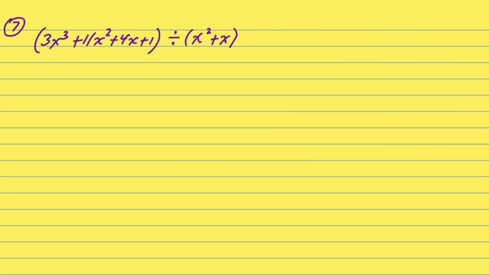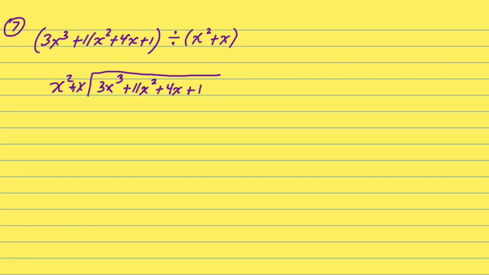Okay, I was also asked 7. We have 3x to the third plus 11x to the second plus 4x plus 1. This is all divided by x squared plus x.